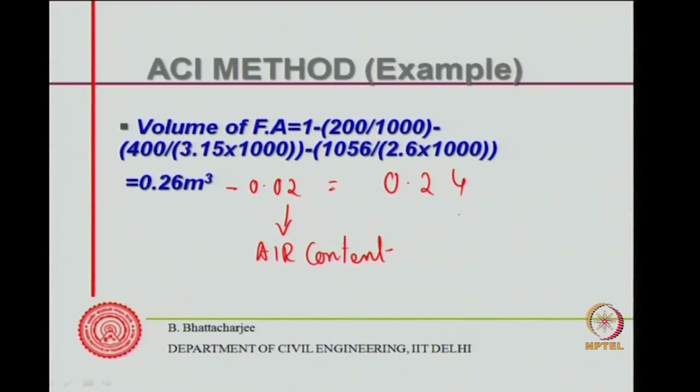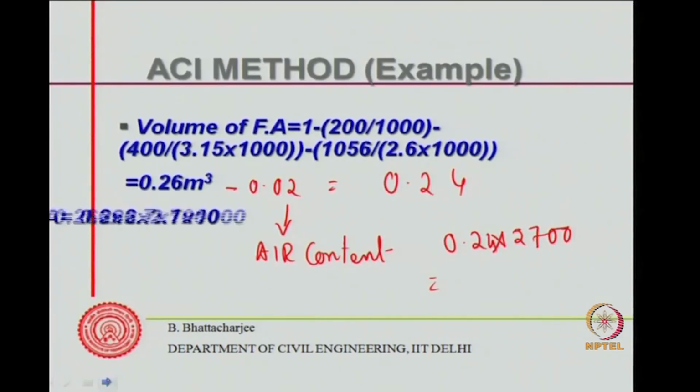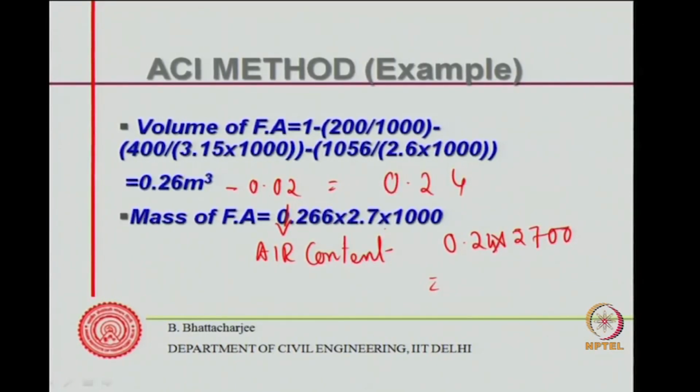So, 0.24 is the volume. So, 0.24 multiplied by 2700 will give you the fine aggregate content. This is 2.24 because 2% air content has to be subtracted.